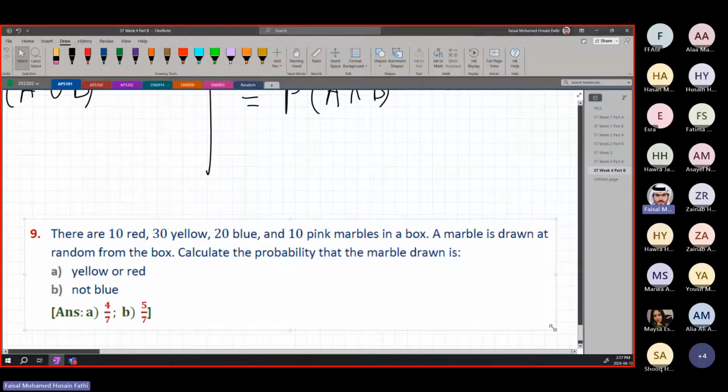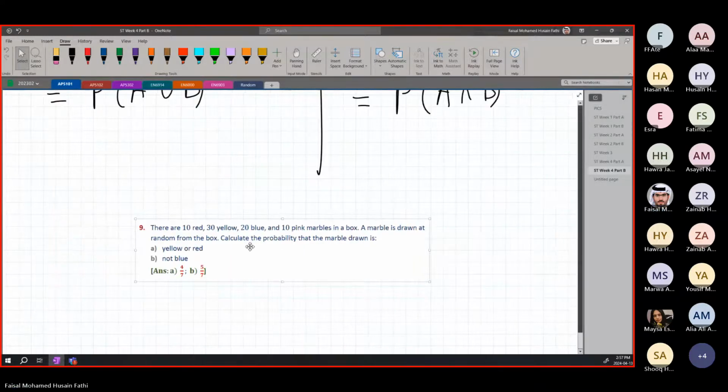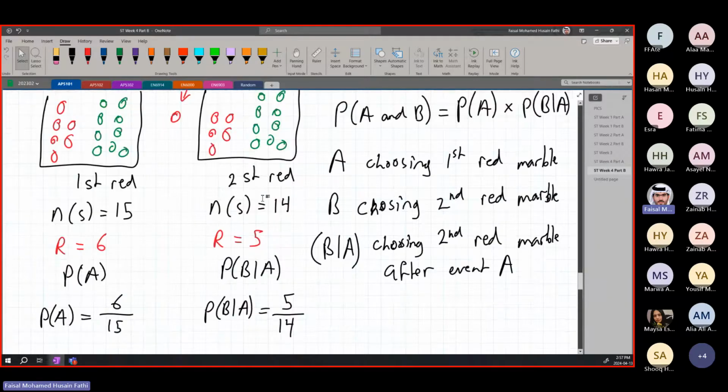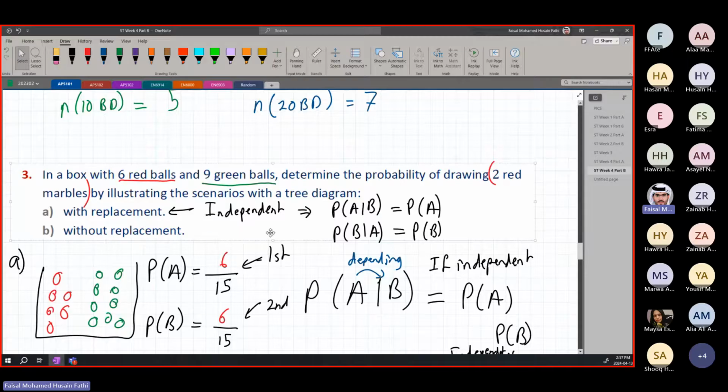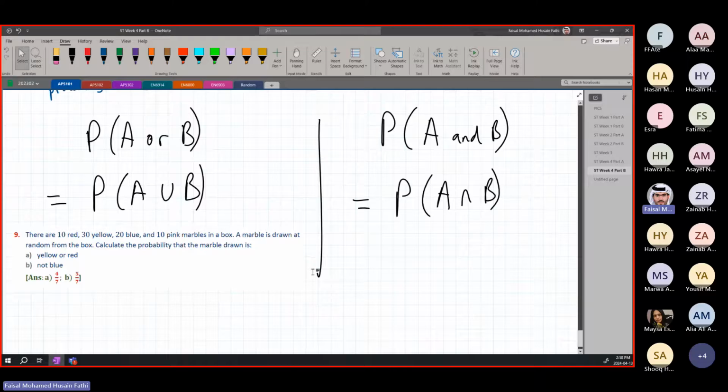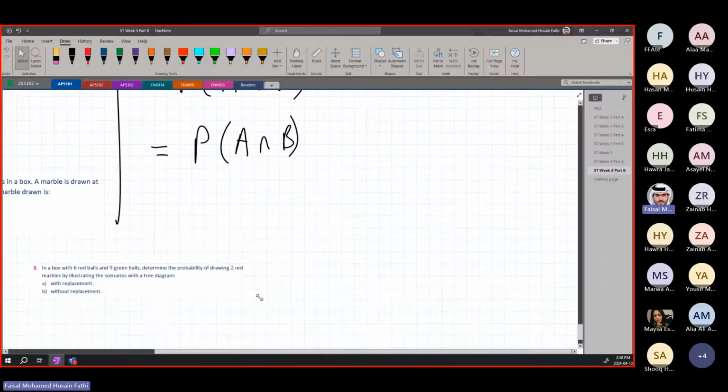So we have this question here, and we solved the other question early on, which is very similar again. This is very important to understand the difference between these two.